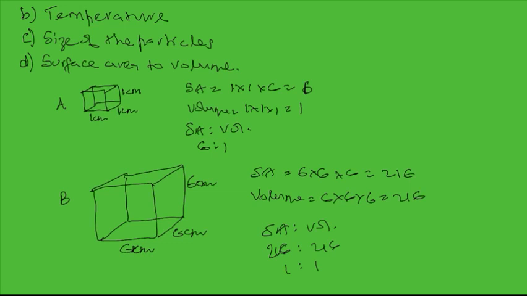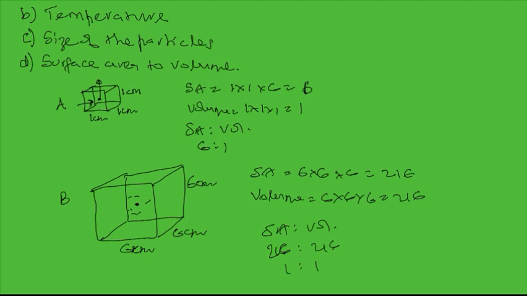Particles would diffuse into and out of cube A at a faster rate than in the case of B, because there's greater volume, greater distance to be covered by the diffusing particle where the volume is large.